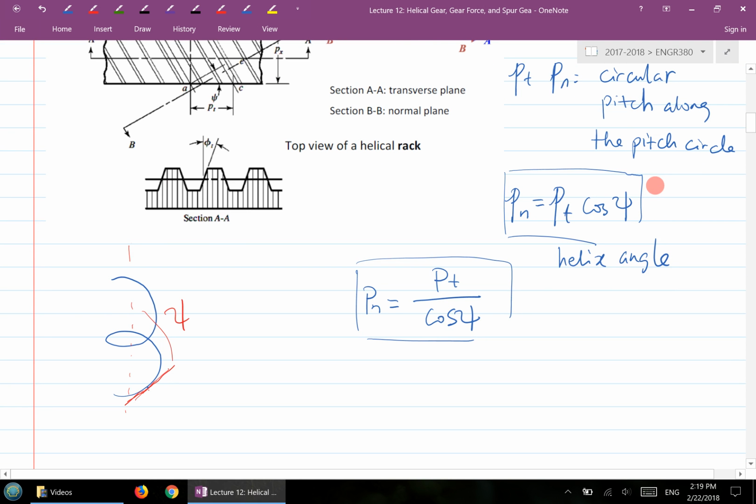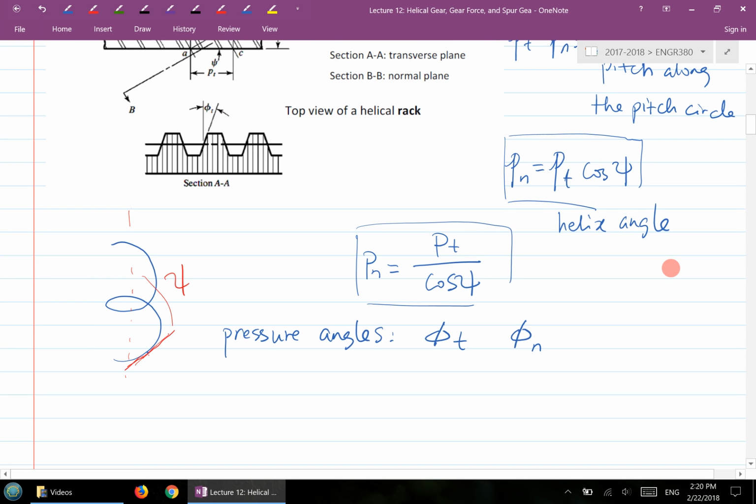Also within each plane there are two sets of pressure angles, phi t and phi n, in the transverse plane and in the normal plane. So there are three angles.